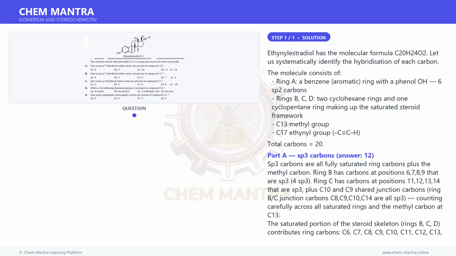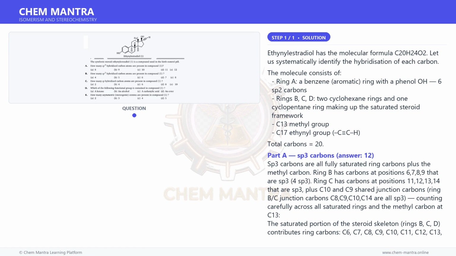Given the answer key states C is equal to D, and option D is equal to 8, but an ethynyl group only has 2 sp carbons, this seems inconsistent with chemistry unless the question is interpreted differently or there is a printing error. Accepting the given answer, CD means answer is option D is equal to 8. This may reflect a different question interpretation or a known answer key for this source.